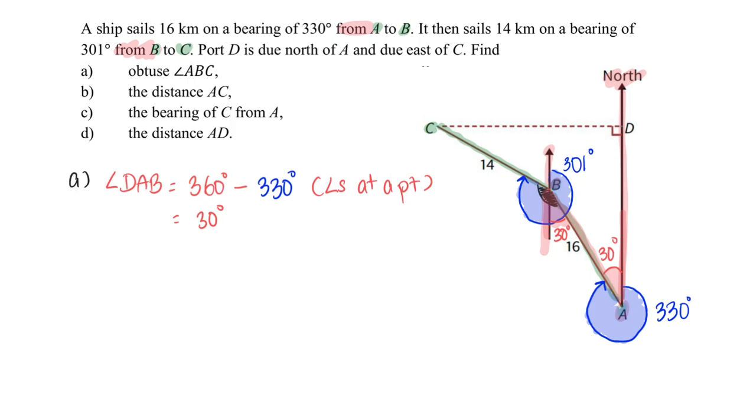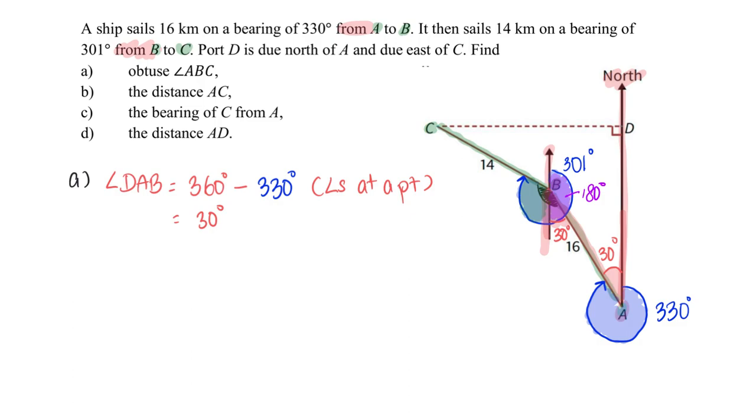And I can find this as well. Because the whole angle there is 301 degrees, and I do know this is 180, this is a straight line. So I will be able to get the angle.